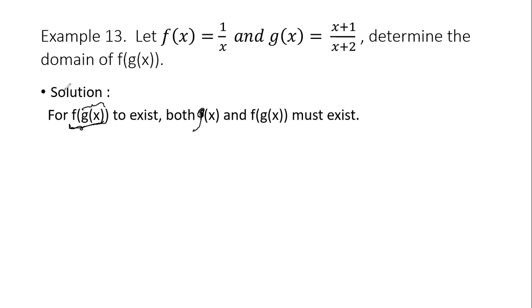This whole composite function should exist. Also, g of x should exist. What do you think about f of x? This one is undefined when x equals 0, but that does not affect the domain of f of g of x, the composite function. Now, let's see where g(x) exists and f of g of x exists. G(x) is (x plus 1) over (x plus 2).